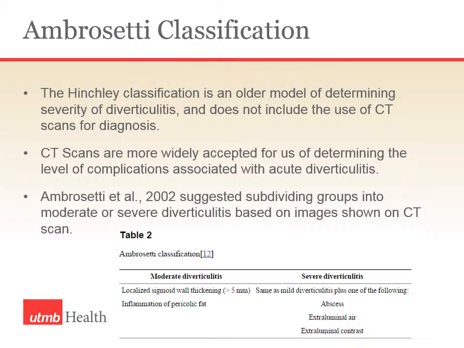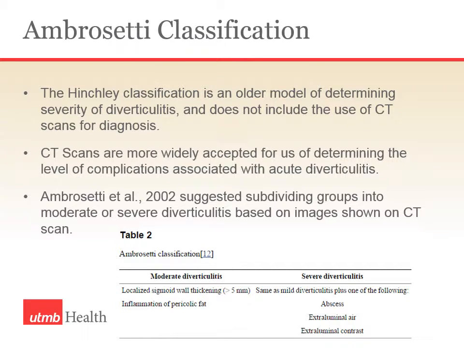So it's a little more simple than the previous classification, but it just looks at moderate diverticulitis, and it shows that there's sigmoid wall thickening only in the colon, so it hasn't spread yet, and it's thickened to greater than 5 millimeters.